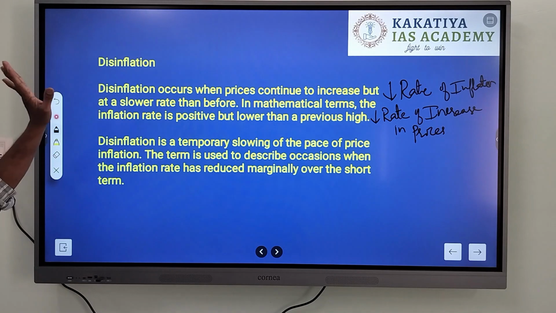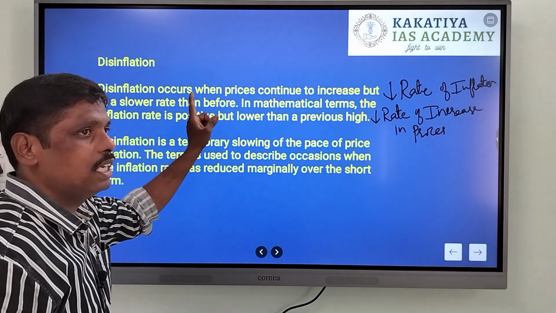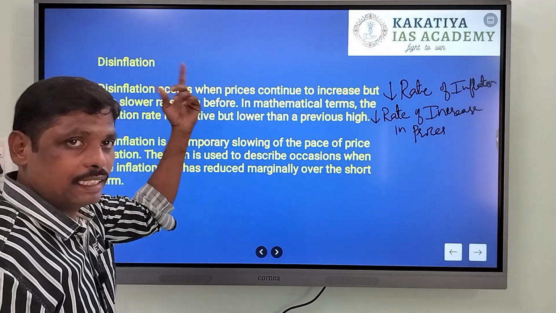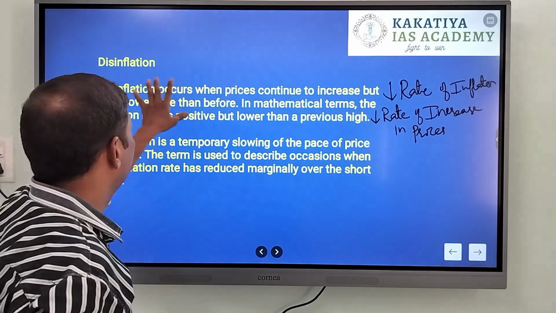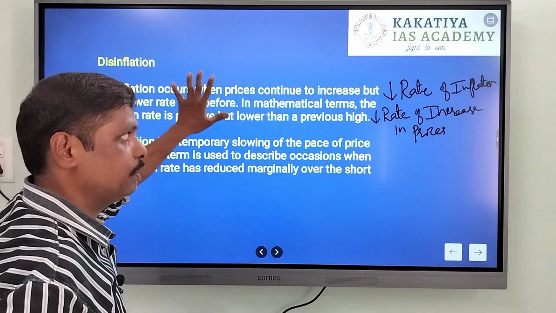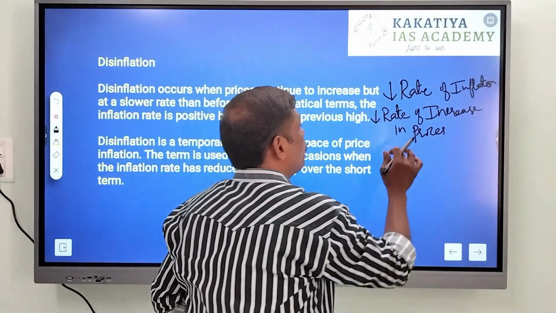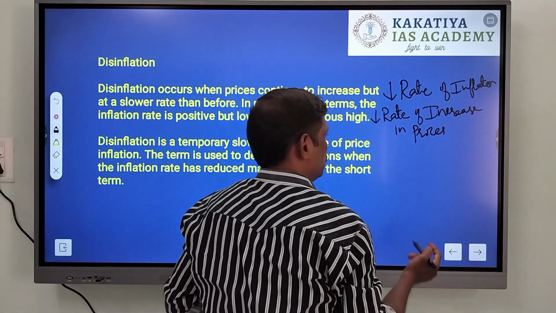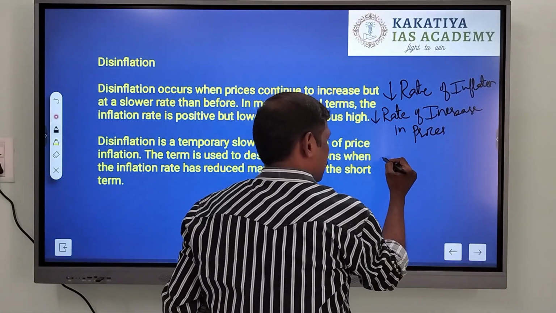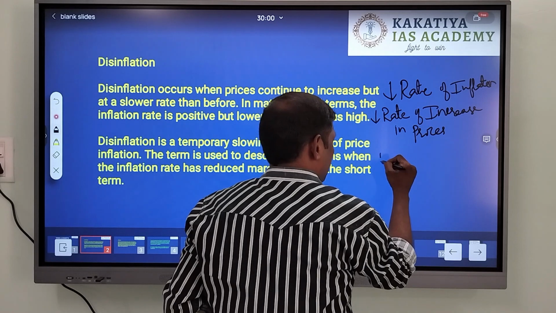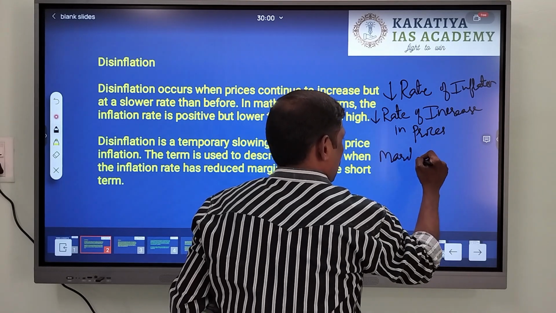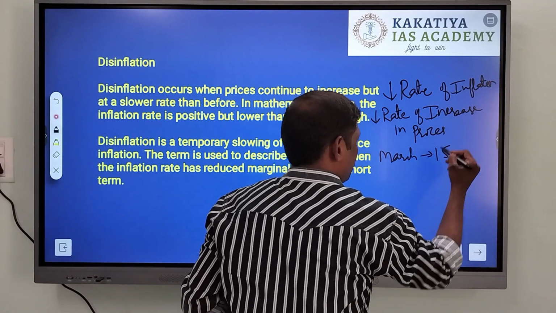That is what disinflation is. If you take inflation, what is inflation? Inflation denotes an increase in prices. But disinflation denotes a situation where the rate of inflation is coming down. Say, for example, in the month of March, the rate of inflation is 15%.